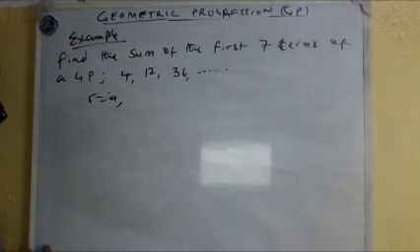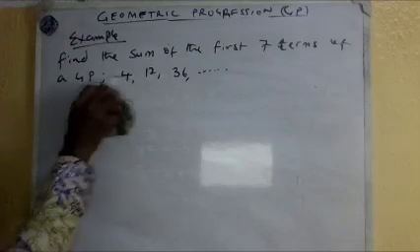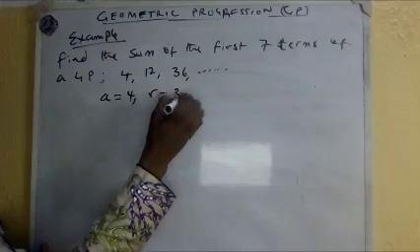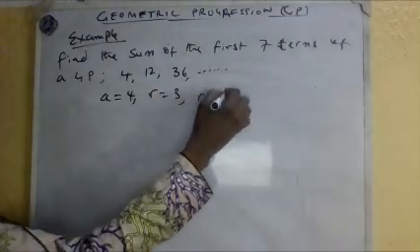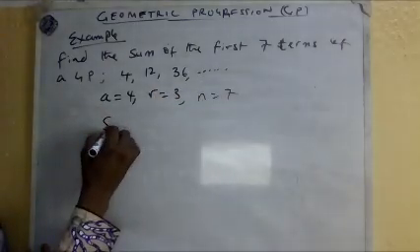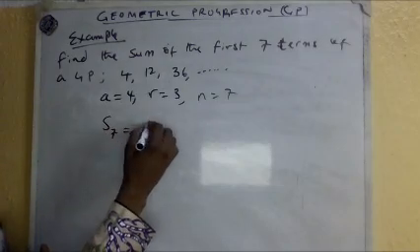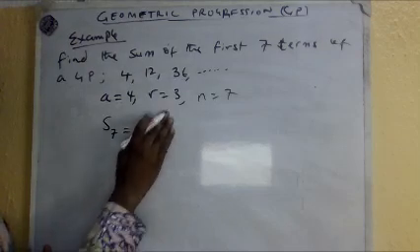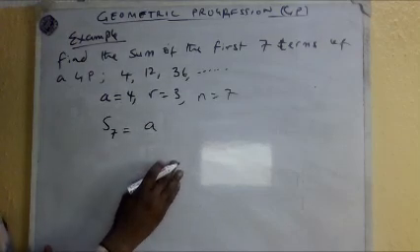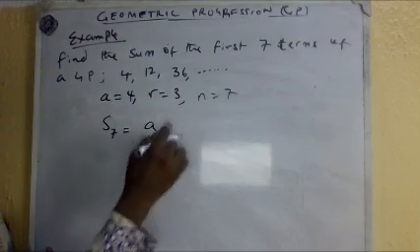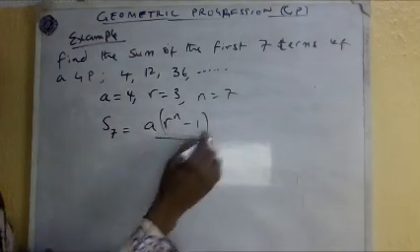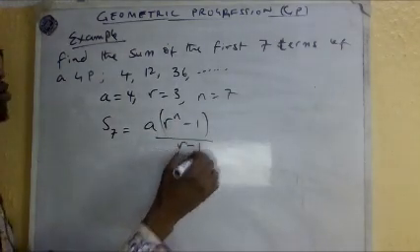Okay, let me start with A. A is equal to 4, R is equal to 3, and N is equal to 7. We're applying the sum of the first 7 terms, which is A, open bracket, R raised to the power N minus 1, over R minus 1.